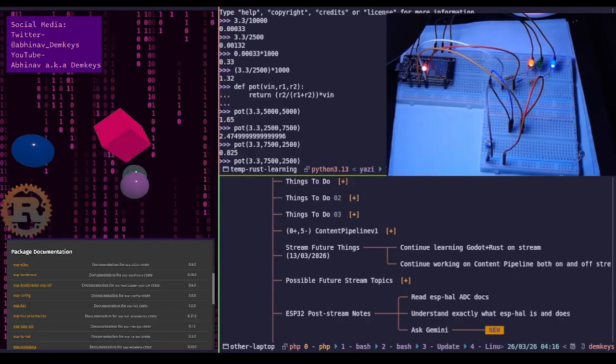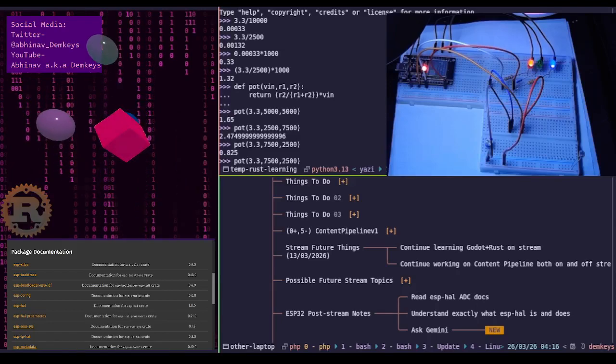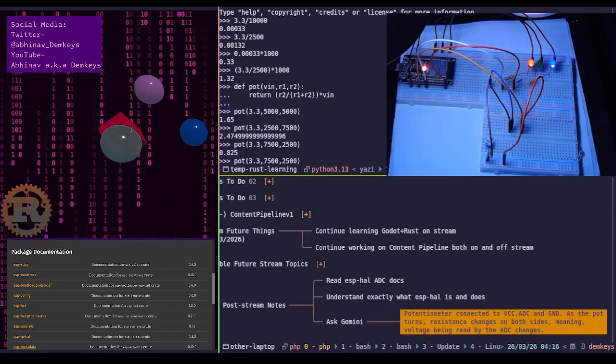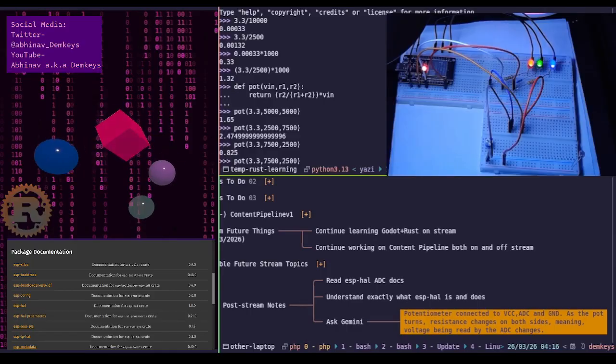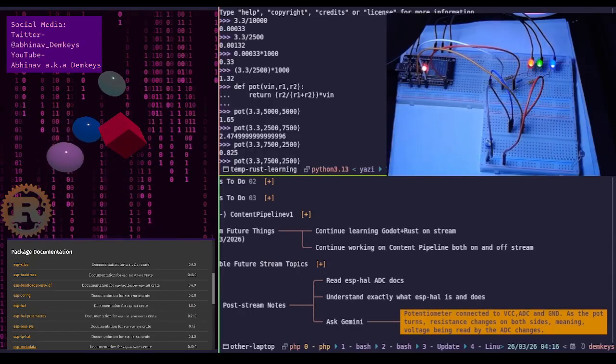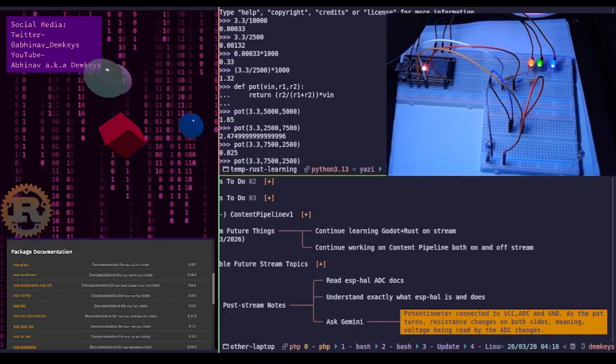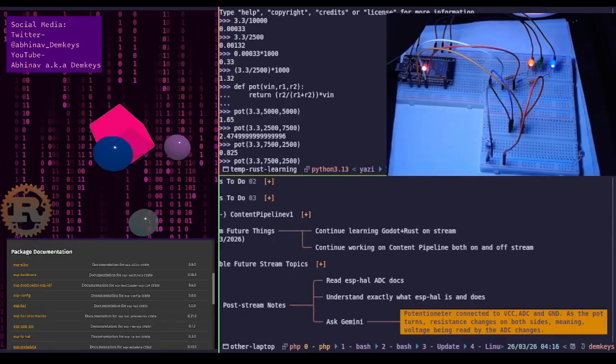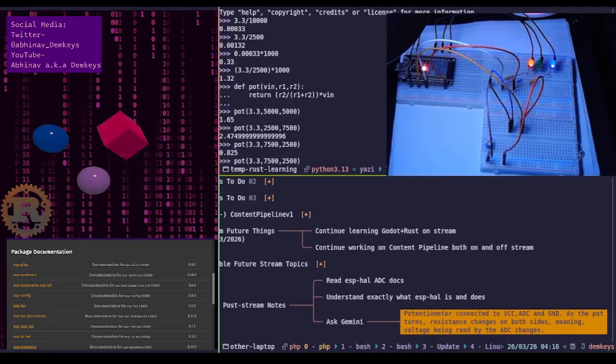Hold on, there's something to be looked at here as well. Okay, I equals V divided by R, right?